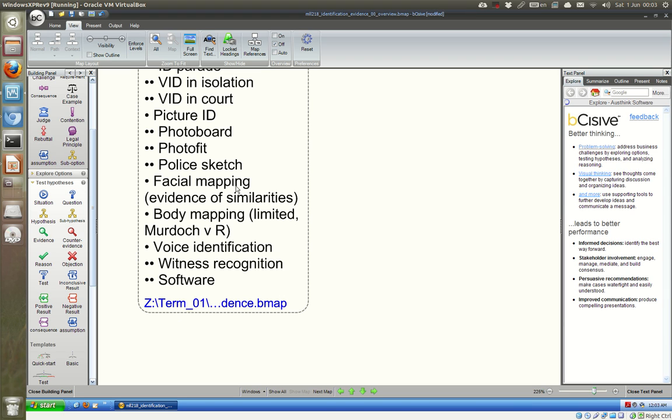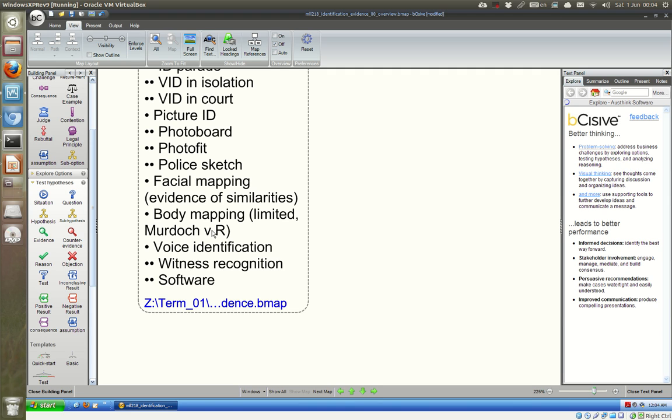Facial mapping, because it's very, very new, is not proof of identity, although it can be used as proof of non-identity, and it's really used more to provide evidence of similarities rather than identification. And body mapping is considered, or at least has the potential to be, more powerful evidence, more compelling evidence, but again is very, very limited and is really only of note in the case of Murdoch against the Queen.